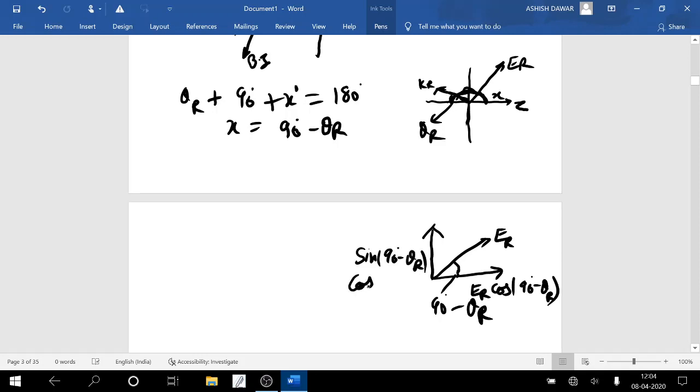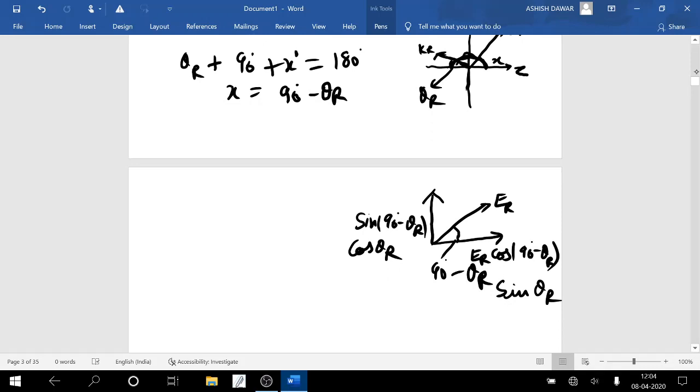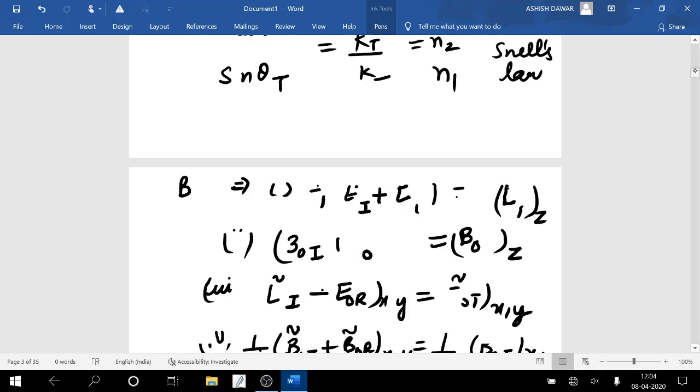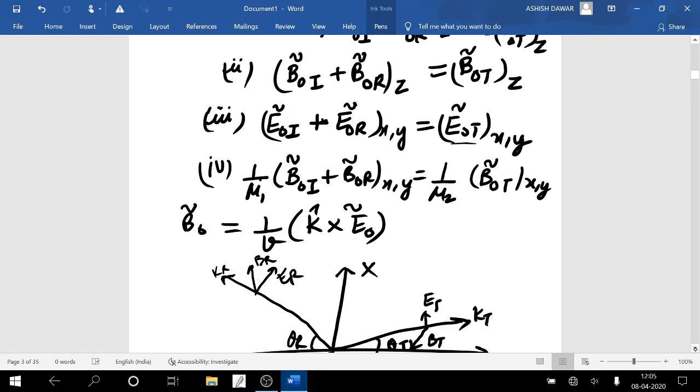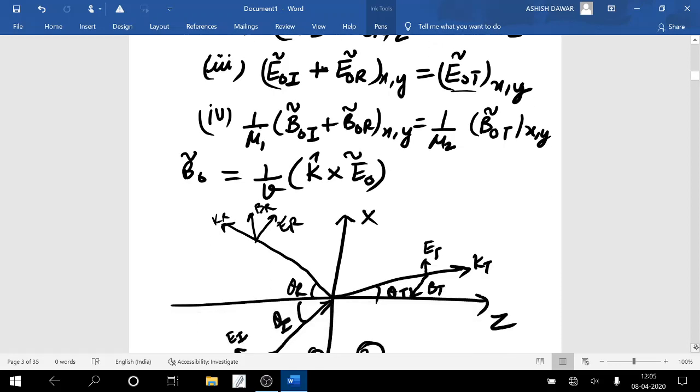That means this is sin theta and this is cos theta. Accordingly, from all the angles and the components of E0t and E0i along x and y, we can easily find the components of reflected and transmitted fields.